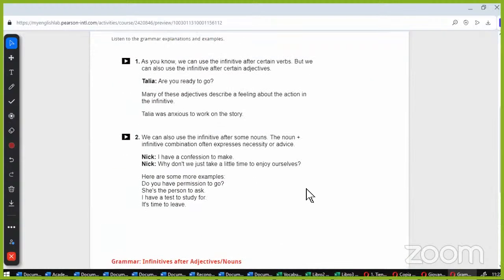Okay. So, we can use the infinitive after certain verbs, as we know. But you can use it also after certain adjectives, like, are you ready to go? Many of these adjectives describe a feeling about the action in the infinitive. Talia was anxious to work on the story. Like here, I am happy to help you.